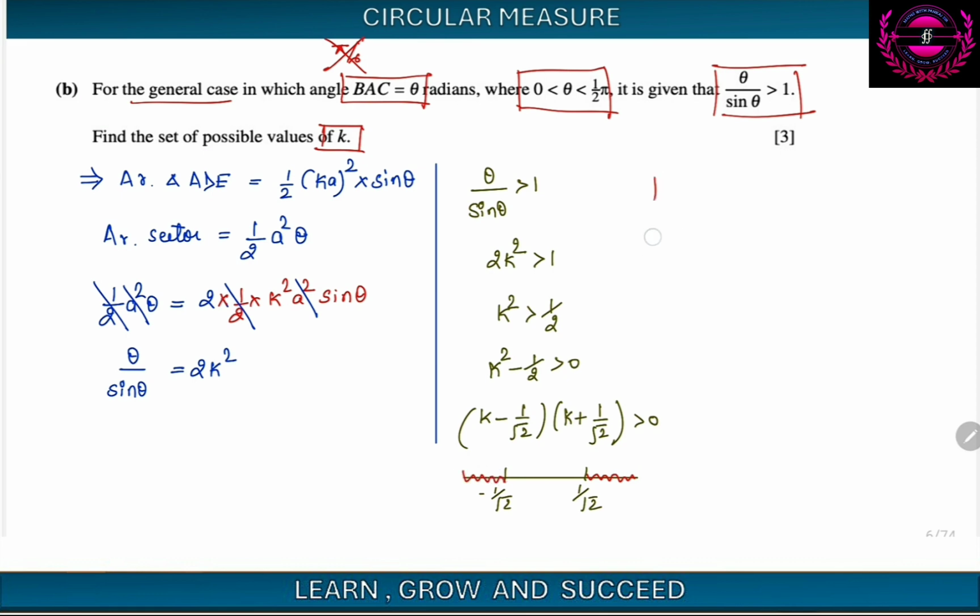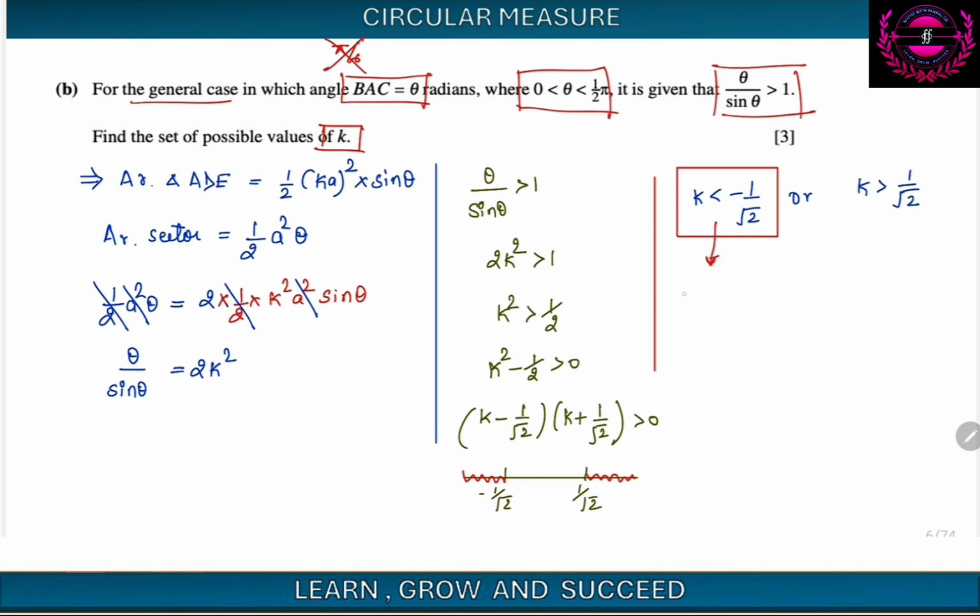Here we have the twist. Now from this we have k is less than minus 1 by root 2 or k is greater than 1 by root 2. But this is not a valid solution.